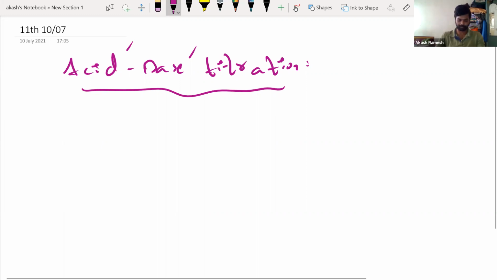0.265 grams of Na2CO3 required 28.5 ml of HCl for titration.